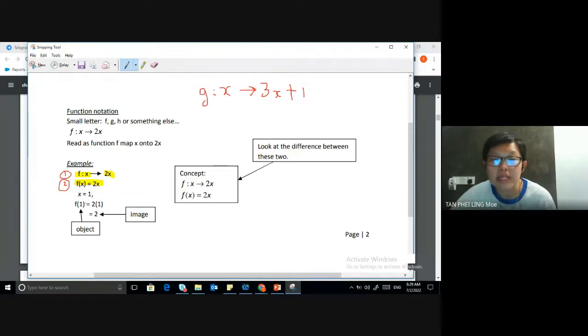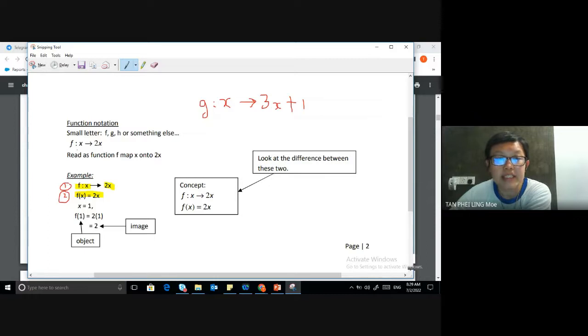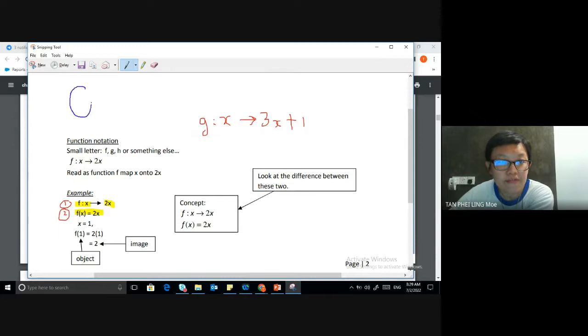Now let's go on to the case where I want you to always remember. Let's go back to this one, you have function f. When x is over here, we always say that x is the object. So these are the objects. Let me write here first: this is the object x.